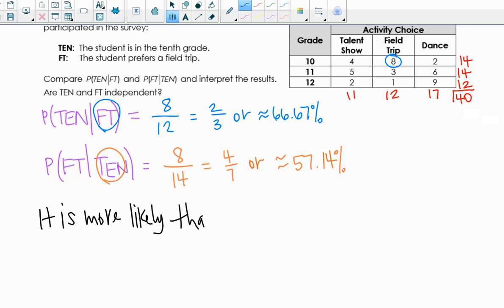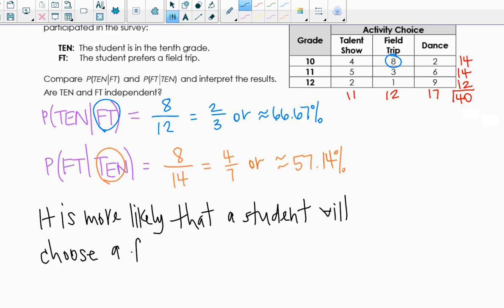So it is more likely that a student, sorry, I don't know what's up with my computer, will choose, let's see if I can make this better, a field trip, nope, choose a, sorry, field trip.